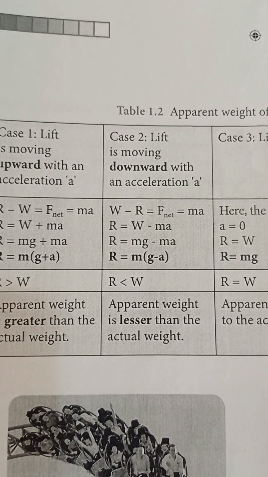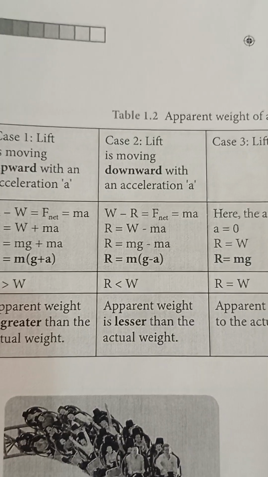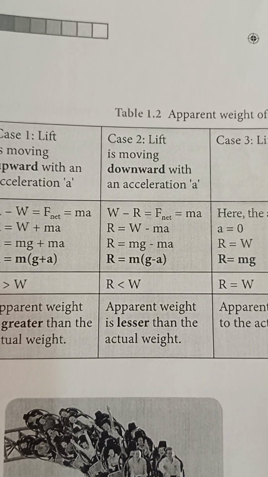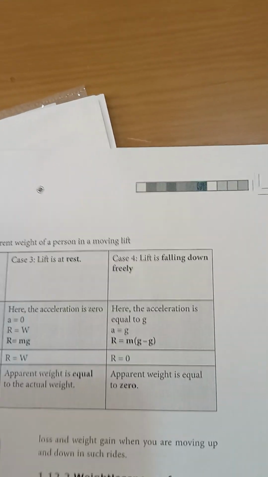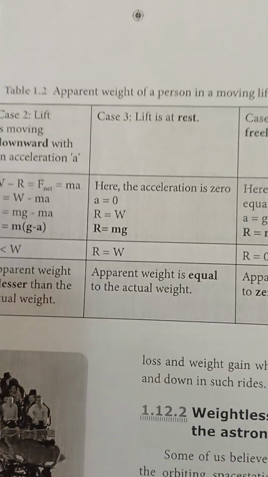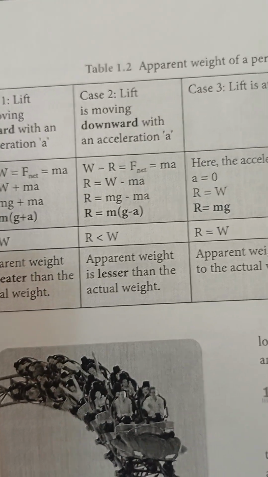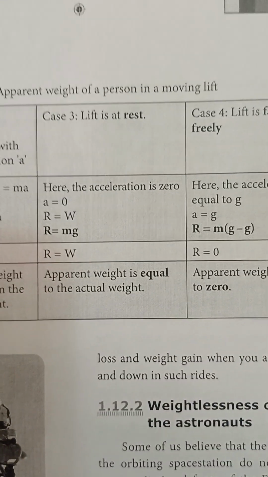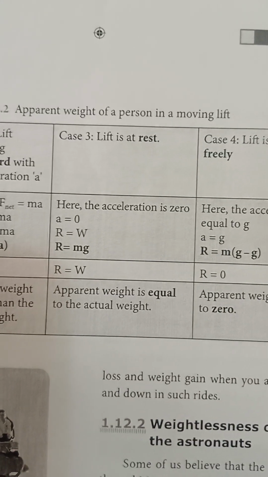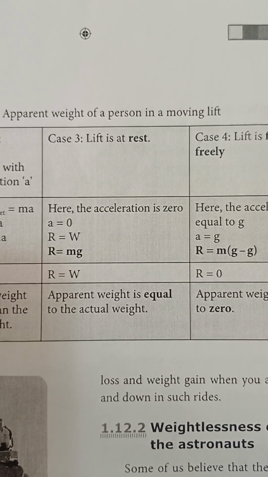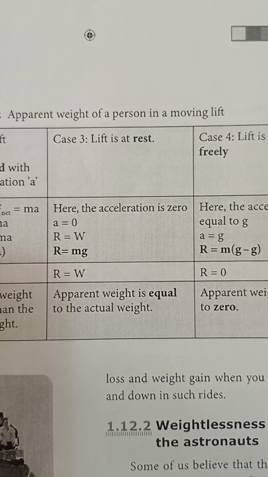And in the second case, for the downward case, apparent weight is lesser than the actual weight when we are moving downward. And when the lift is at rest, acceleration is 0, so apparent weight is equal to the actual weight.